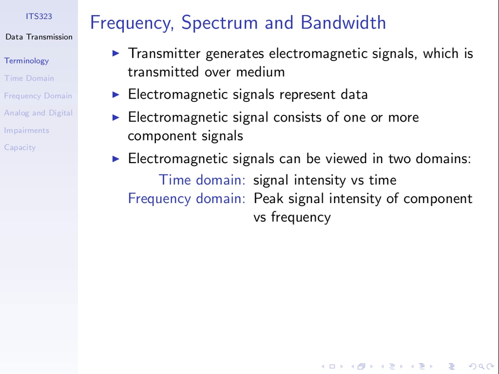One thing that we'll show is that if we look at some electromagnetic signal, we can consider it as made up of multiple component signals. And in this course, we'll look at the very basic component signals to be based on sine waves. Okay, you all know a sine wave from high school mathematics and so on.